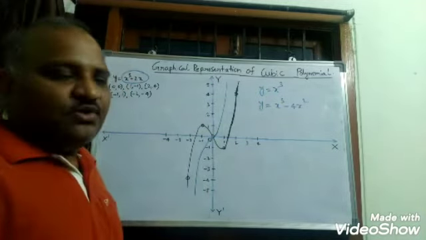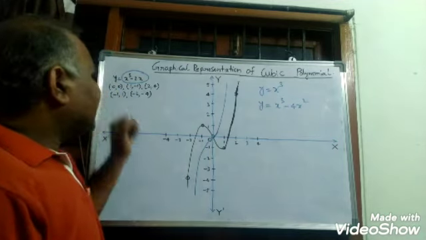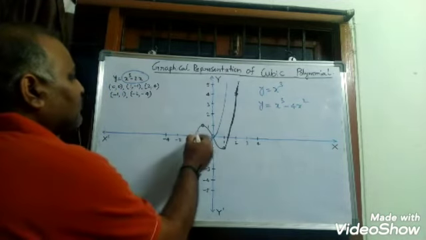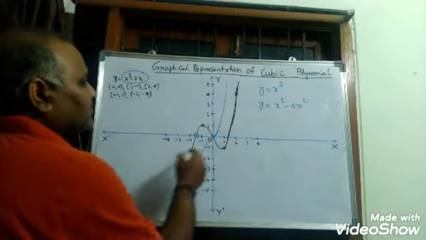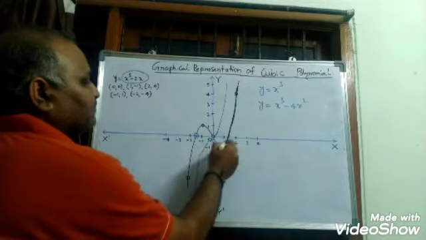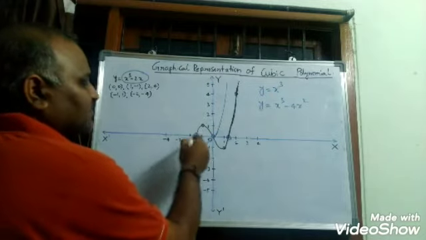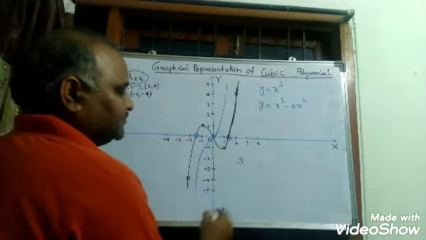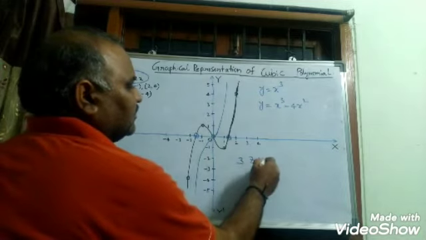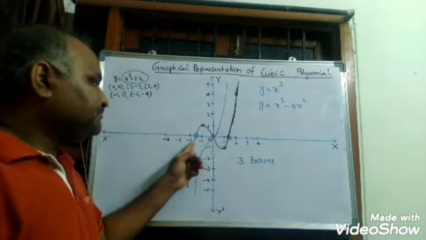Here also we can observe while drawing this graph, here one point we observed, here one point, here also one more point we observed. That means we have 3 zeros for this polynomial.